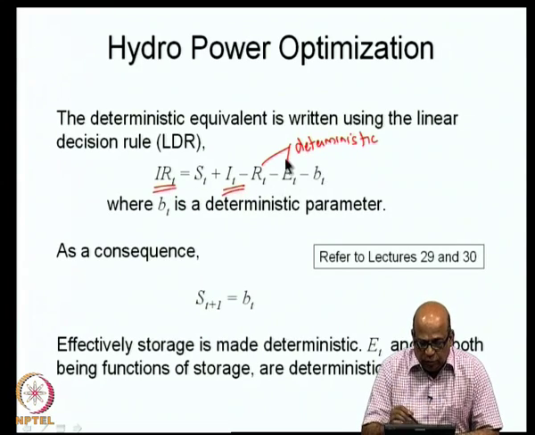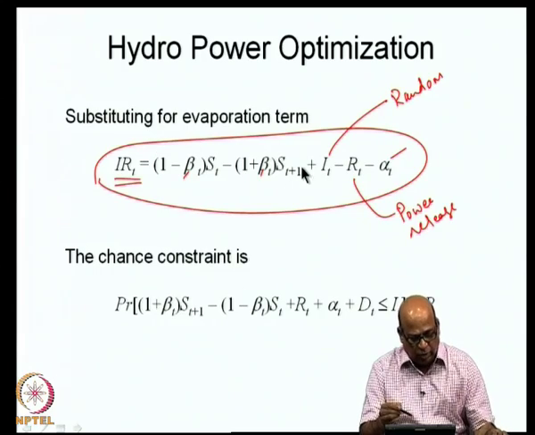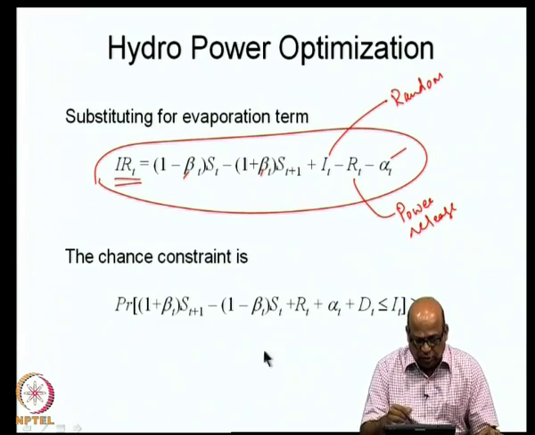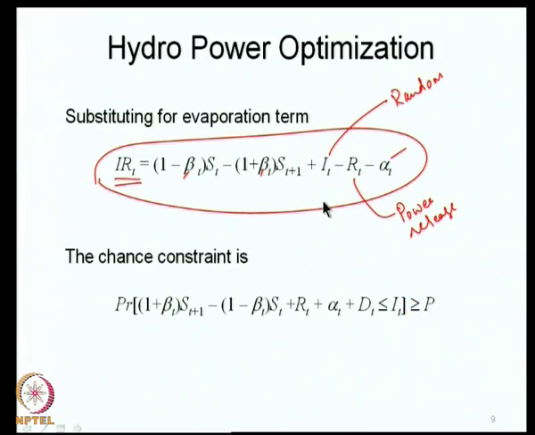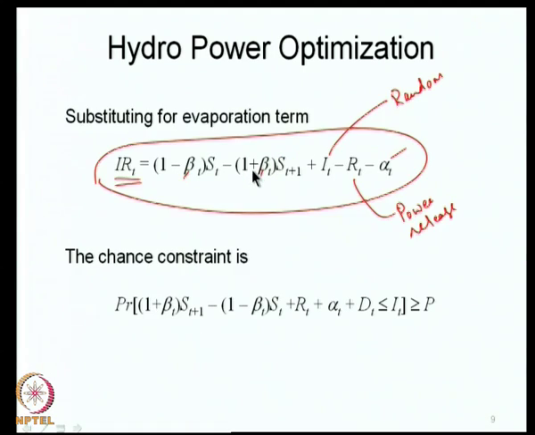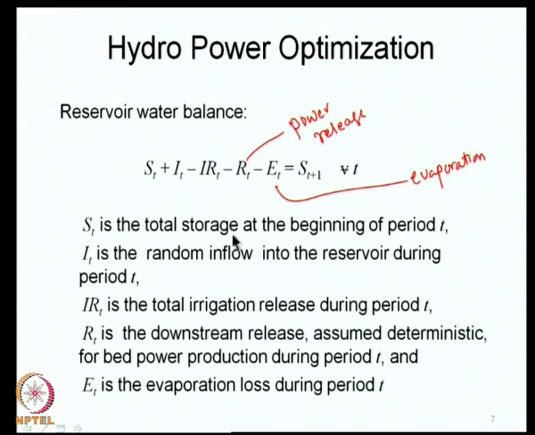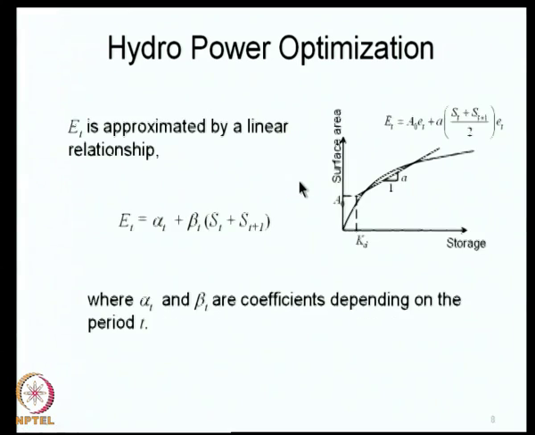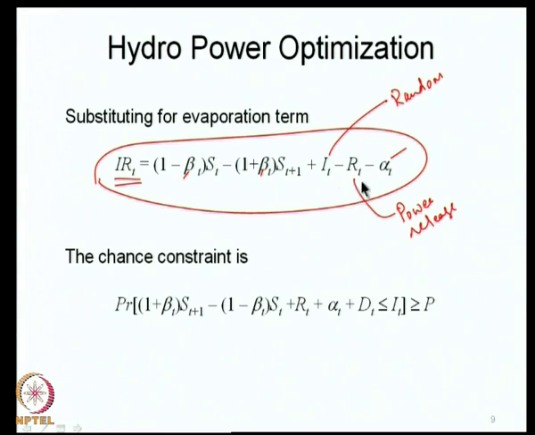Now, when we do this and convert the chance constraint as we wrote here into a deterministic equivalent, again you refer to these. First of all, using the continuity equation, you get S_t+1 equal to B_t. The continuity equation is here, with evaporation it is written like this.